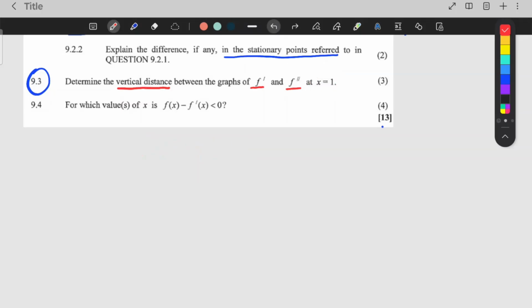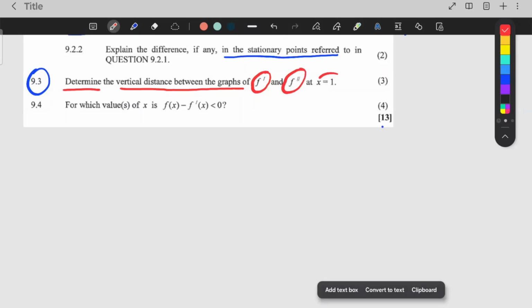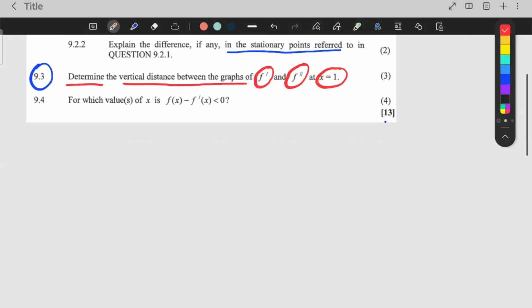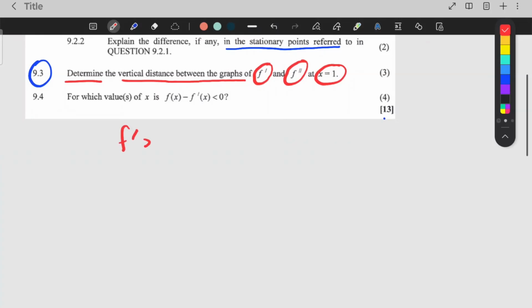Let me read again: determine the vertical distance between the graphs of the first derivative, the parabola, and the straight line, where x is 1. Okay, so the parabola's equation is 9x squared, and the straight line, remember we worked it out earlier, is 18x.